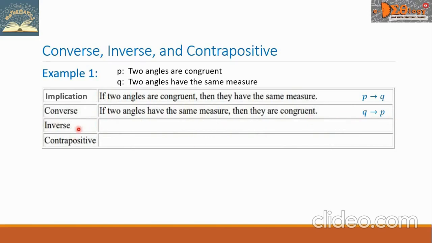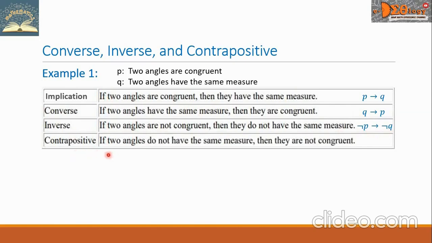For the inverse, we write here if two angles are not congruent, then they do not have the same measure. In symbol, not P implies not Q. For the contrapositive, we write now if two angles do not have the same measure, then they are not congruent.